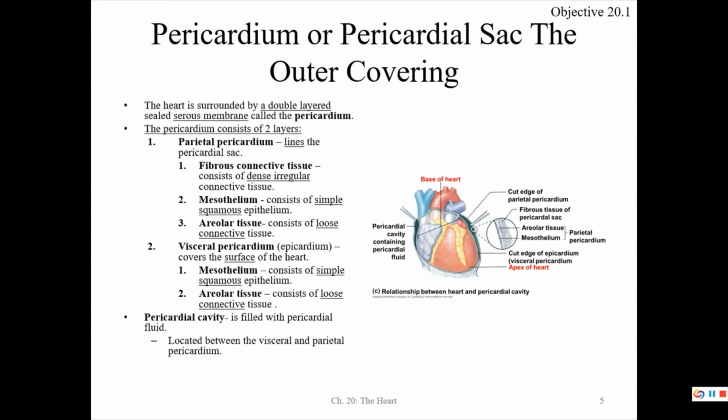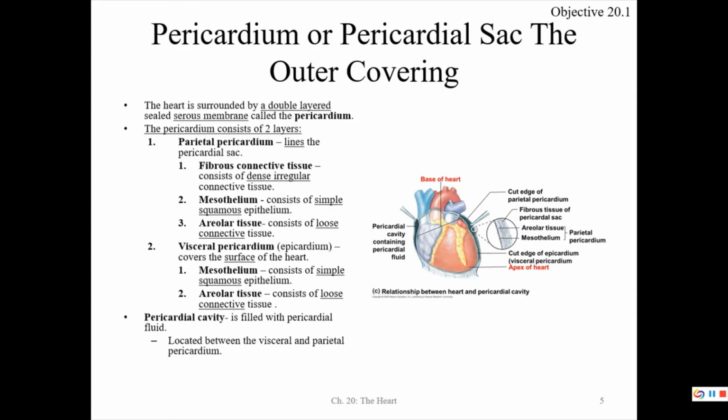So why is that? It has a dense, irregular connective tissue layer, the fibrous connective tissue layer that composes the outermost part of it. The fibrous tissue makes it hard to want to spread that apart, so it doesn't want to give outward, so the pressure goes inward. Now, there is a word called mesothelium.